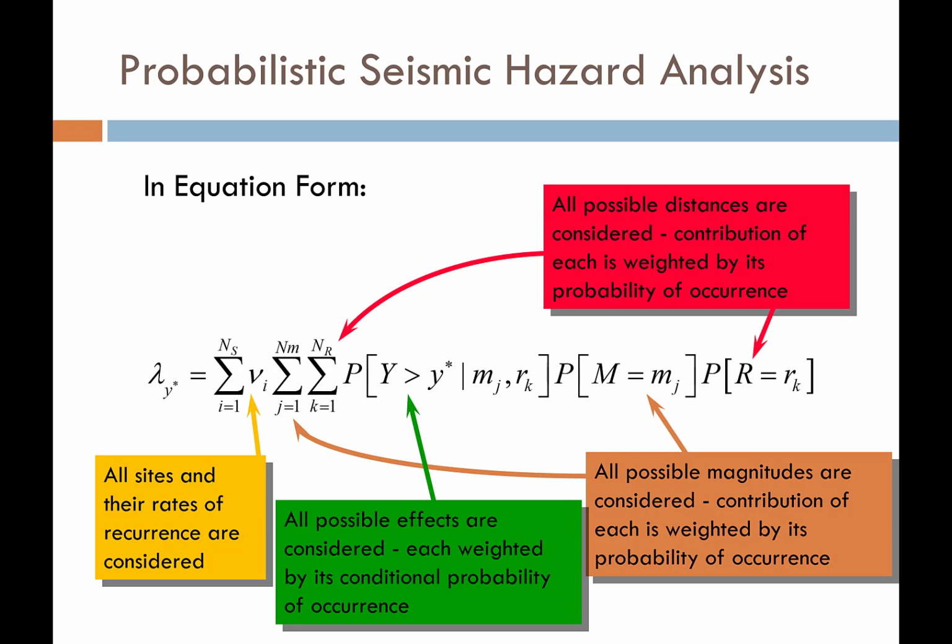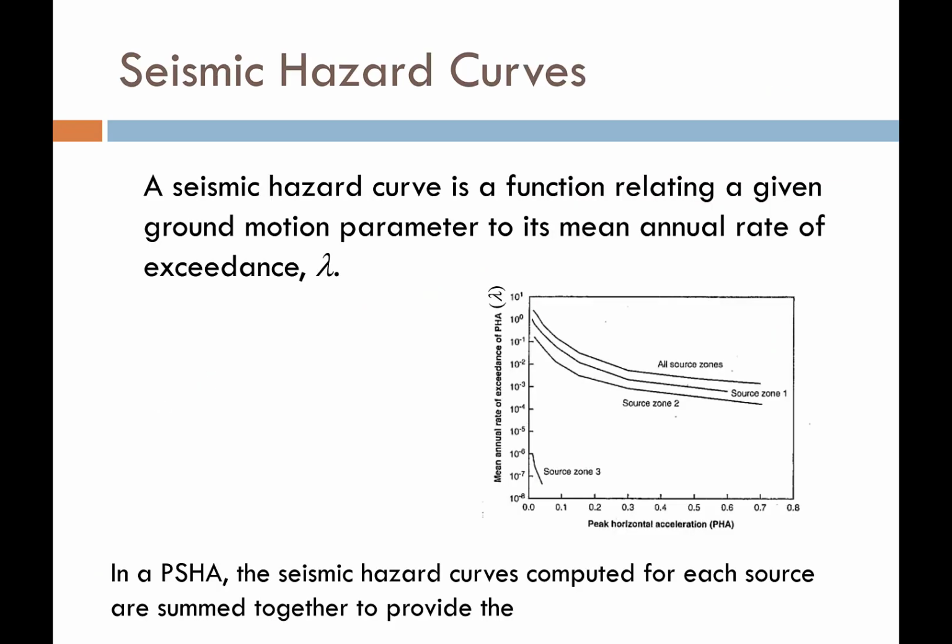And for every one of those magnitudes, we're iterating through every possible location that that fault rupture might occur upon. And for every one of those magnitude and location combinations, we're estimating every possible ground motion value that might occur from that earthquake. And we're summing all of this, aggregating it all together to get one number. Pretty incredible when you think about it.